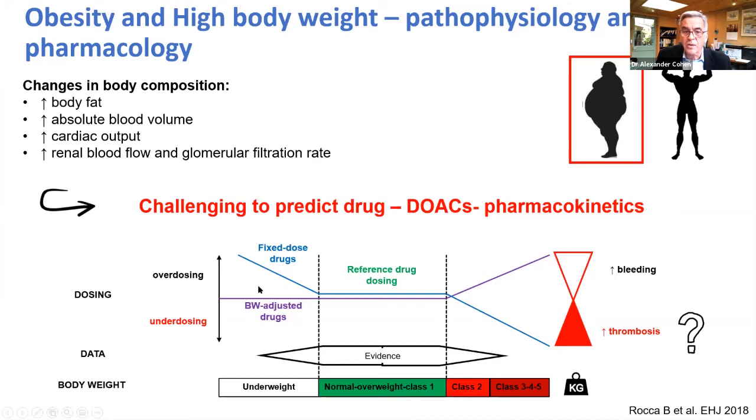If we look at the blue line for the underweight people on the left, the normal weight people in green, and the overweight people in red, a fixed dose of drug might lead to overdosing in underweight people, the right dose for those in the reference range, and too low a dose in those who are overweight. Whereas body weight adjusted dosing might lead to overdosing in the overweight. And yet we don't know the evidence for drug levels and bleeding, and drug levels and thrombosis, particularly in individual patients. So a lot of speculation here.